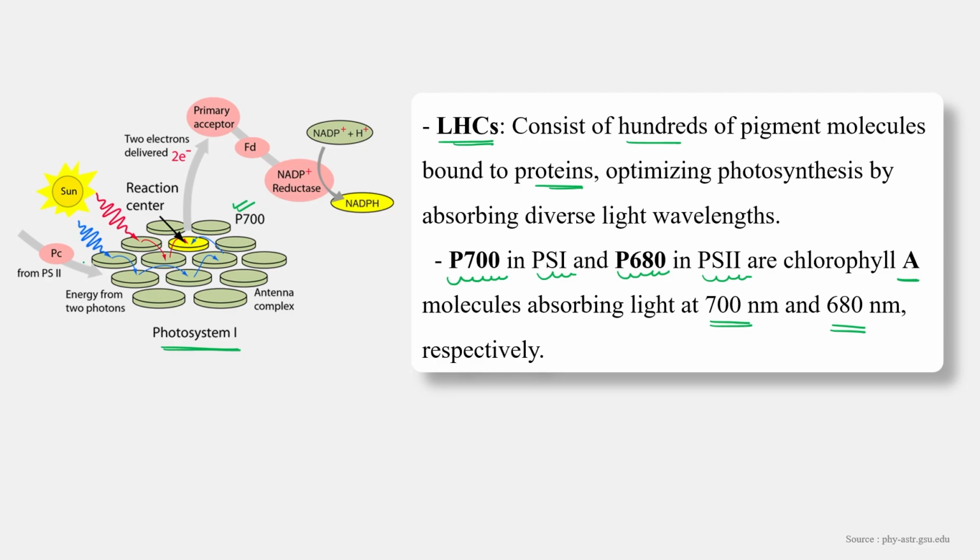Okay, and further, similarly, two electrons are very quickly delivered toward the primary acceptor, then ferredoxin, then other carrier molecules, with a series of reactions from one carrier to another carrier molecule, and then NADPH is produced during the light reaction.